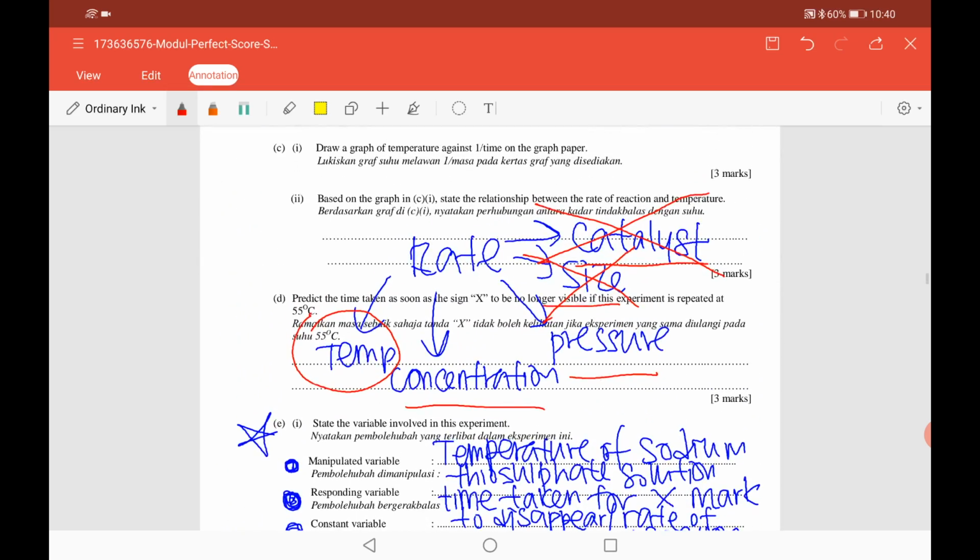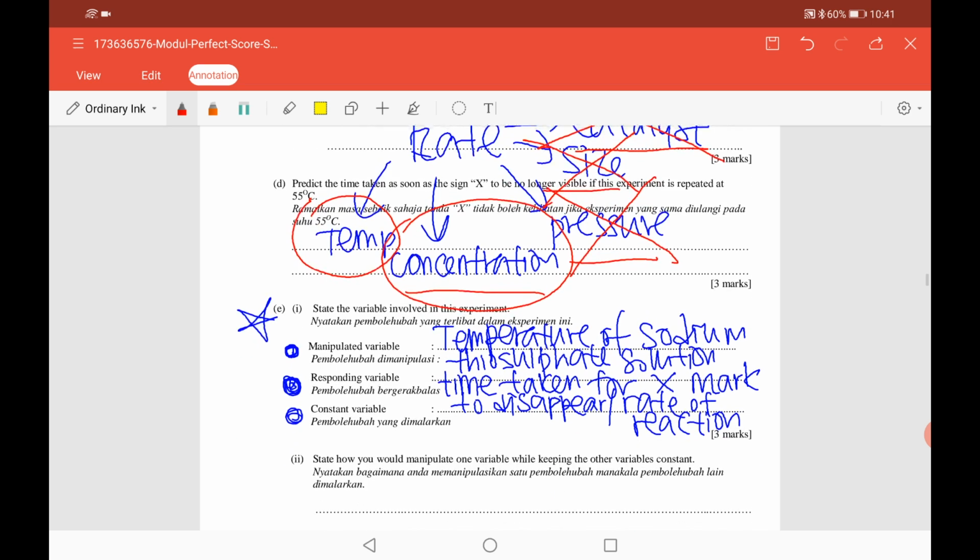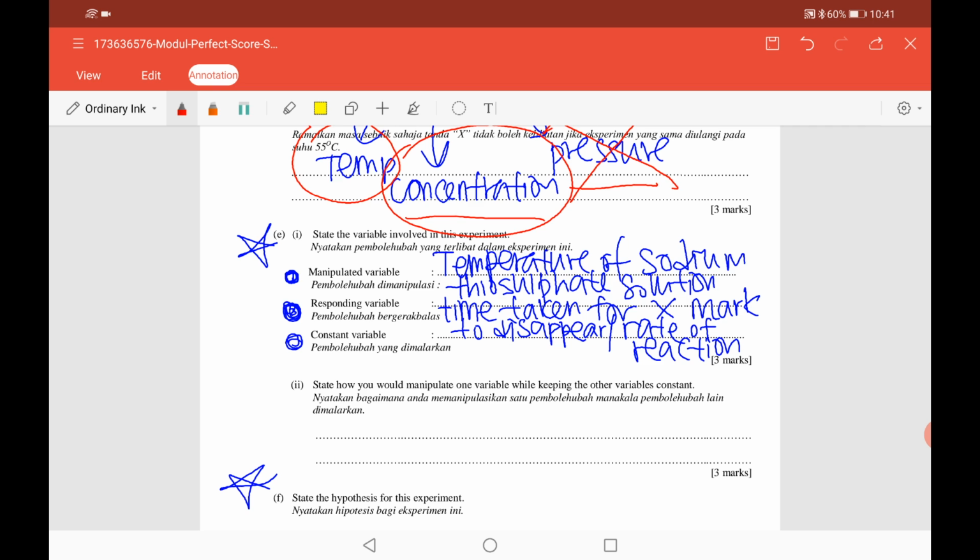We don't go for pressure as well, because pressure is only applicable if we have gas, and we don't have gas here. The sodium thiosulfate and the hydrochloric acid are both liquid solutions. So we are left with concentration, so we need to fix the concentration.